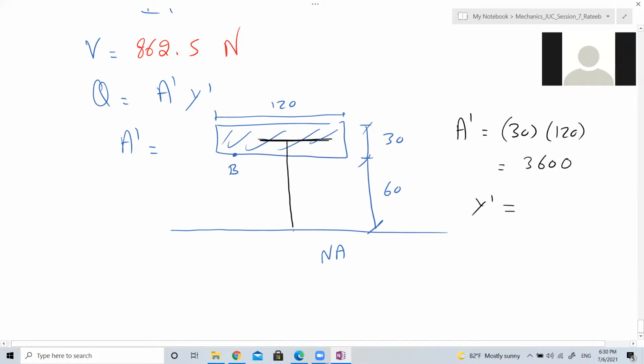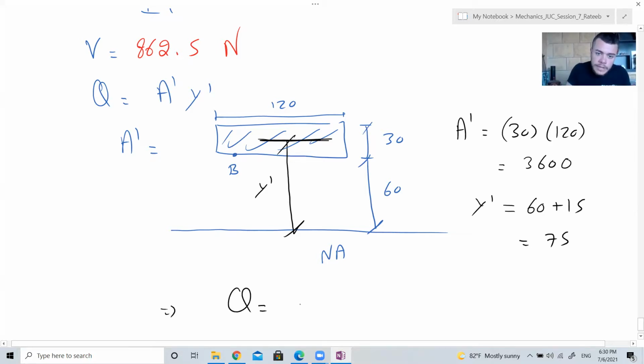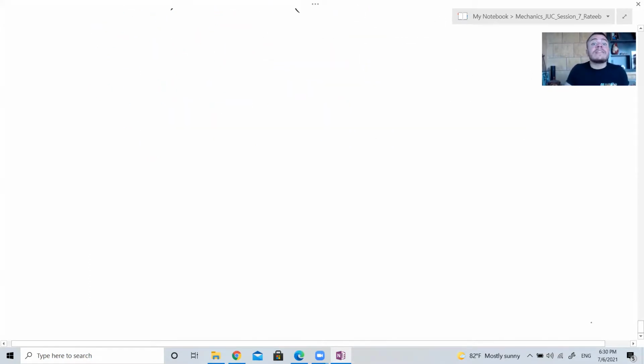So this is Y prime, which is 15 plus 60, equal to 75. Therefore Q is 3,600 times 75, which is 270,000 millimeter to the power 3. The units of Q are always millimeter to the power 3.